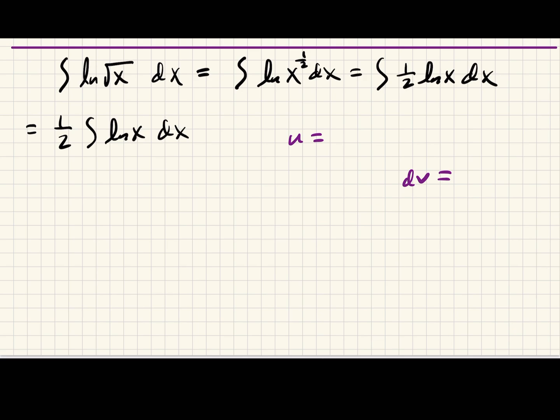It's 1 over x. Okay, so I think I'm going to do that. So u is going to be natural log x. Now, what does that leave dv to be? Well, that's just dx, right? Okay, so then du would be 1 over x dx, and v would just be x.